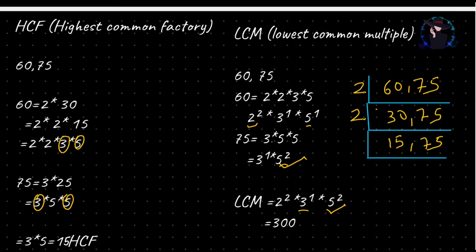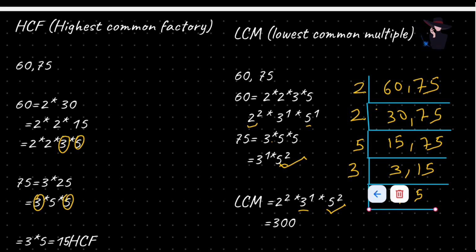Now we can take 5. 5 3s are 15, 5 1s are 5, 5 5s are 25. Now let's take 3. 3 1s are 3, 3 5s are 15. Let's take 5 again, 1 as it is, 5 1s are 5.